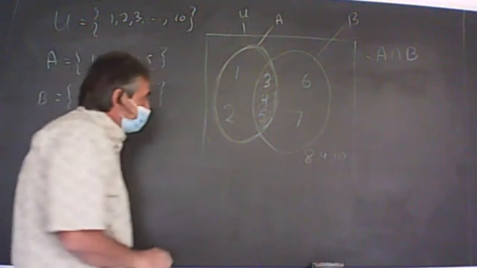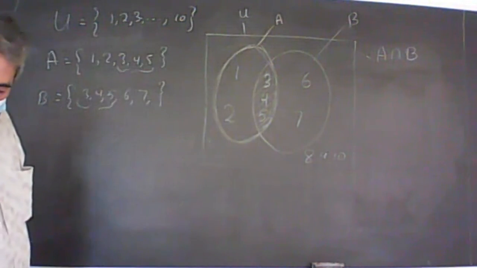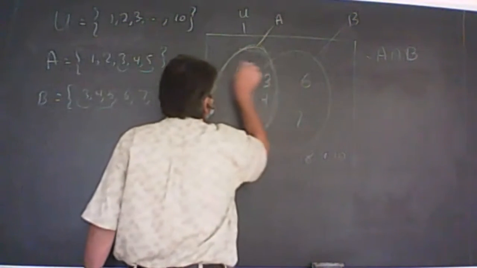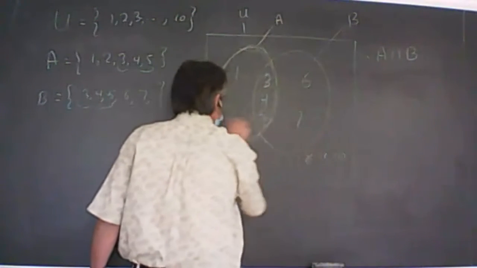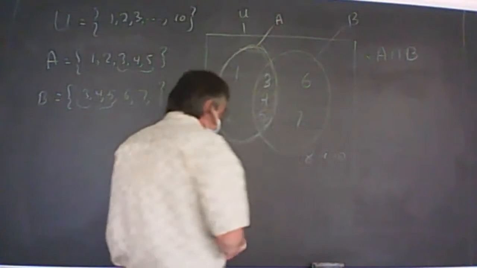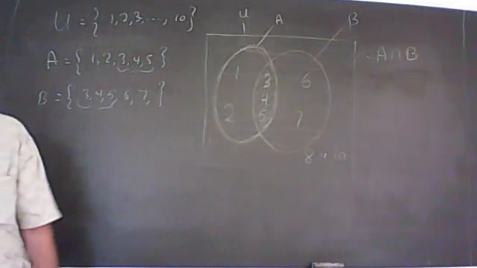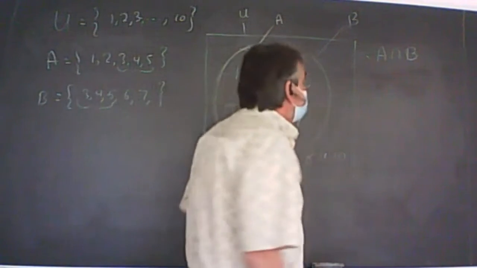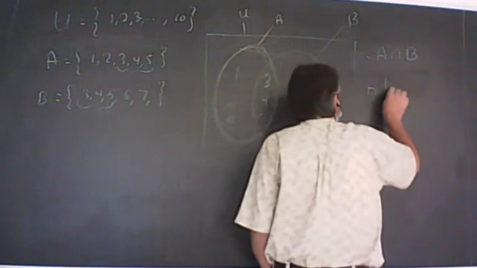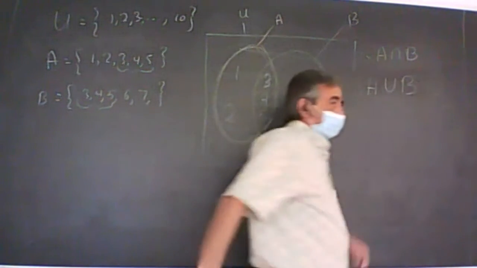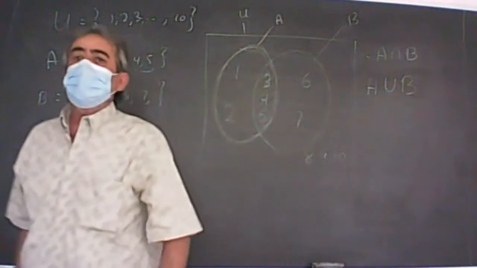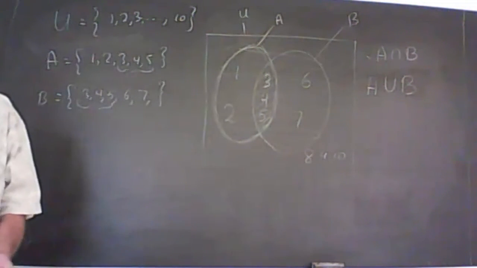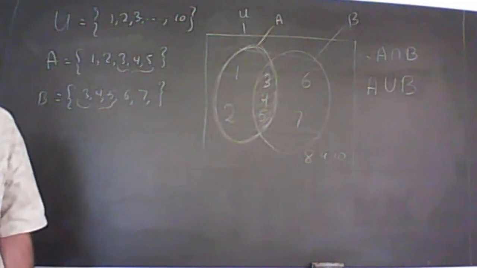Now, if we look at the two circles together, this area is called the union of those two circles. So that is A union B. A union B are all the elements in A or in B, or both.